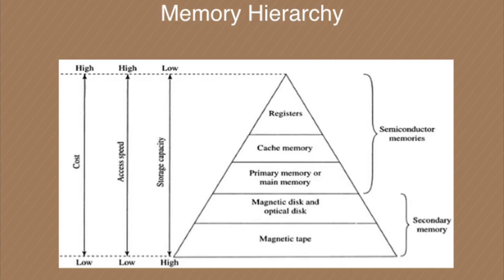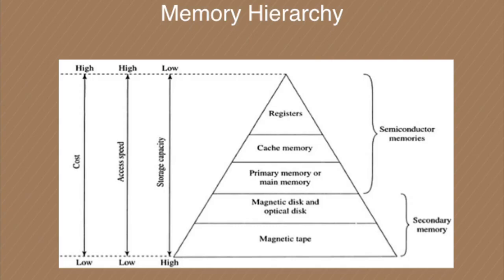But if we want to store more data, we can use the bottom memory, that is the magnetic tape. And based on access speed also, we can categorize these memories. Access speed is high in the case of registers, but access speed is very low for the magnetic tape.